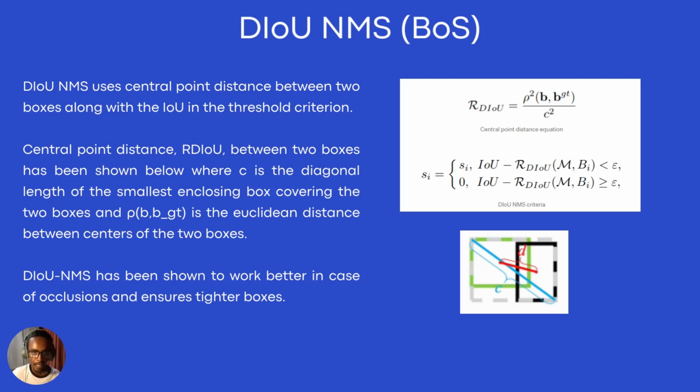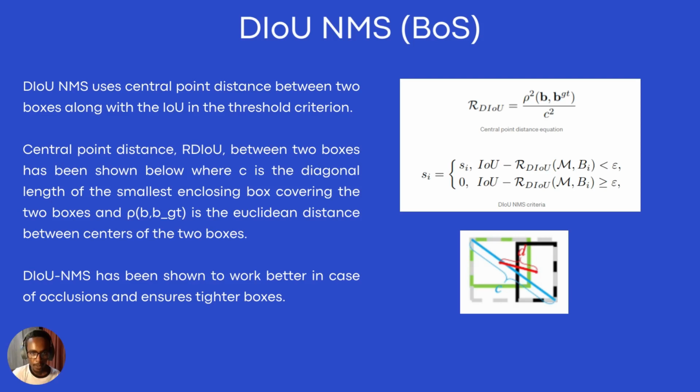So in this case, when we use the DIOU NMS, when we subtract this term from the IOU and it's less than a constant value epsilon, then we preserve the box.